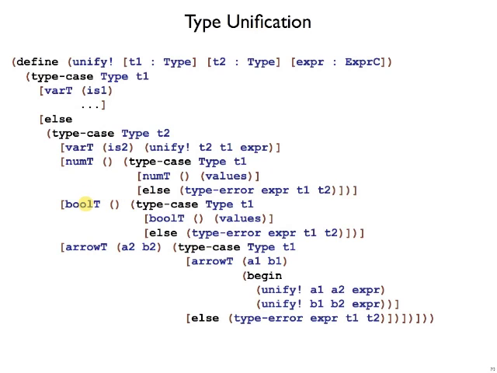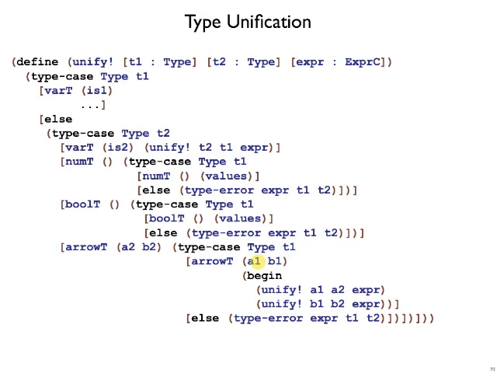If T2 is a Boolean, then similarly T1 also has to be a Boolean, and we can succeed. Otherwise, we raise a type error. If T2 is an arrow type, then T1 must be an arrow type. Otherwise, we complain. If it's an arrow type, then both of these arrow types have an argument part and a result part.